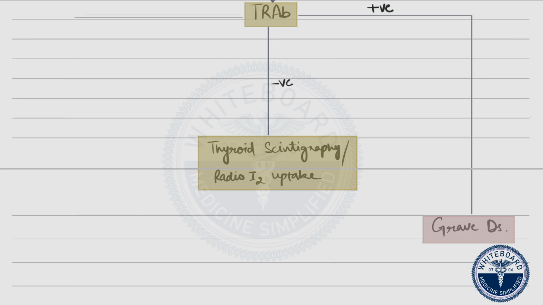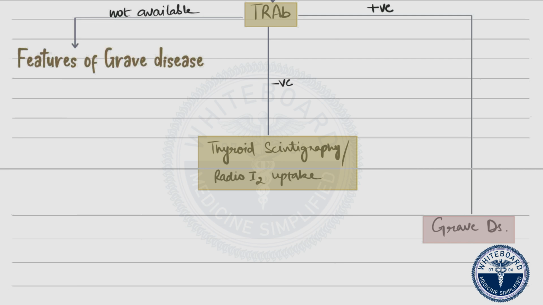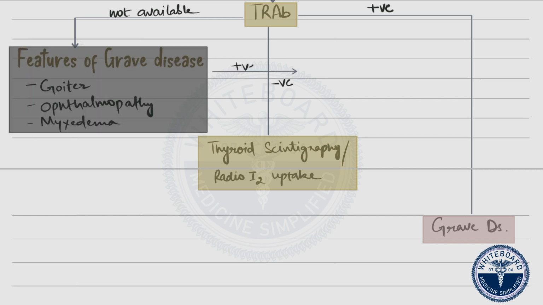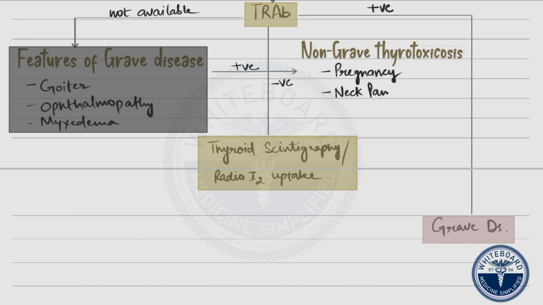If the TSH receptor antibody test is not available, then screen for the features of Graves' disease like diffuse goiter, ophthalmopathy, and myxedema. If these features are positive, then check for signs of non-Graves thyrotoxicosis, such as recent pregnancy within the past 6 months, neck pain or flu-like symptoms, and the use of drugs like amiodarone or iodine.